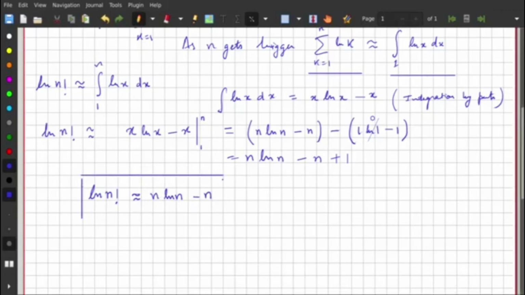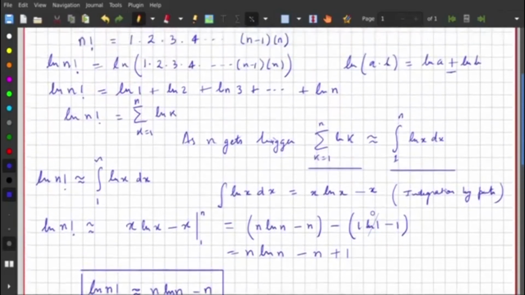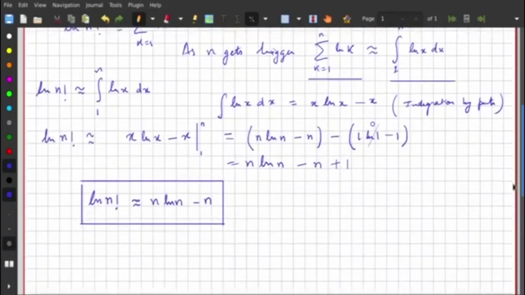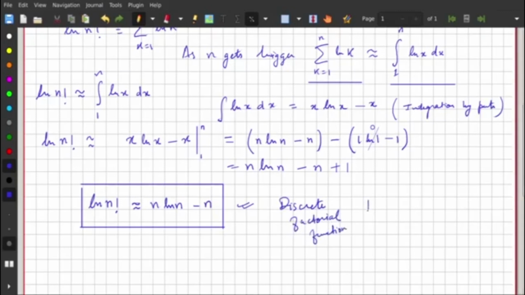Yes, and this is the most frequent expression that we use in statistical mechanics, by the way, because in statistical mechanics we always start by counting the number of possible ways. So we are doing a lot of permutations and combinations, and there we have a lot of factorial functions. So this expression converts a discrete factorial function to a continuous one.